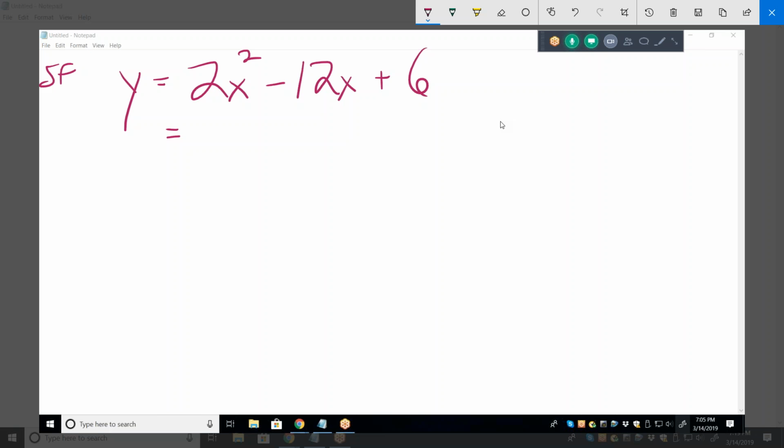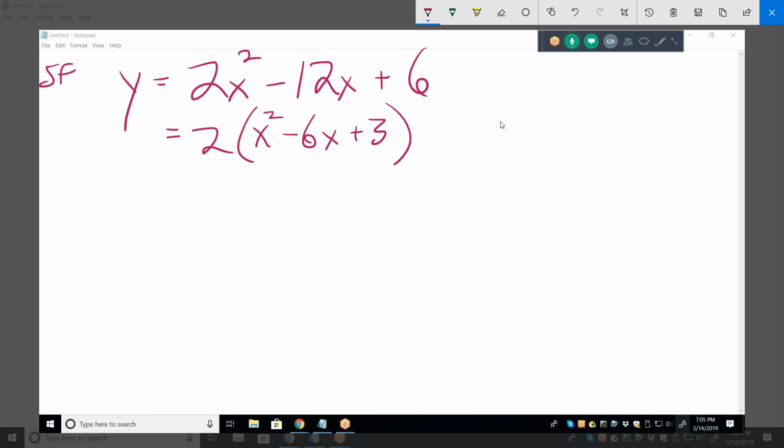You want to take out a 2. We're looking at all even numbers. Okay. That's always going to make it easier. It always reduces it to a first level quadratic. Now, I can tell by looking at that I'm not going to be able to factor it because 3 and 1 are never going to get you to 6.